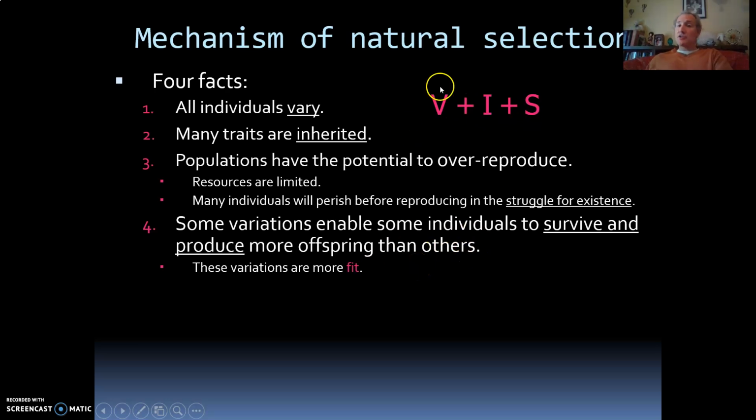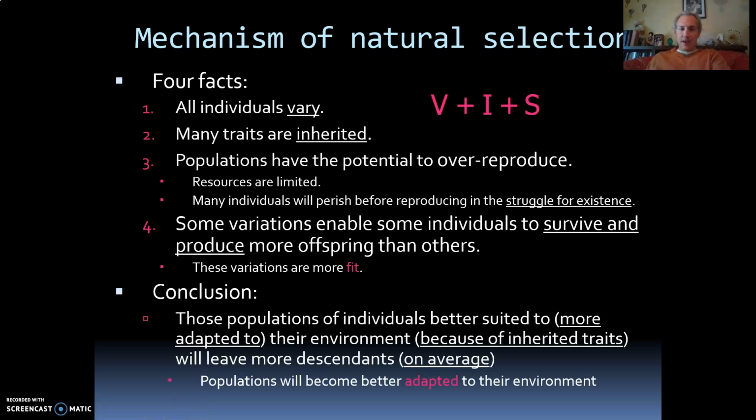Some individuals are selected in this competition over other organisms. What's selecting? Nature is selecting, hence natural selection. So if you want, you can call the S selection if you want to combine these two together, that there's selection of some variants over others in the struggle for existence. That's totally fine by me.